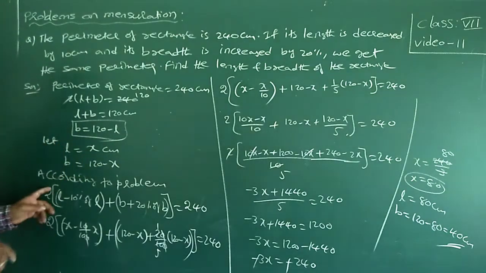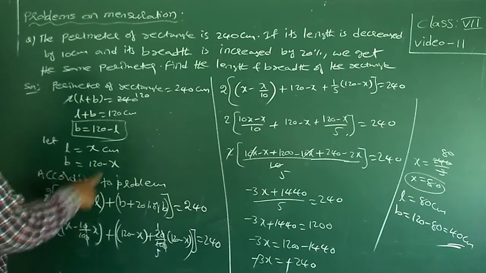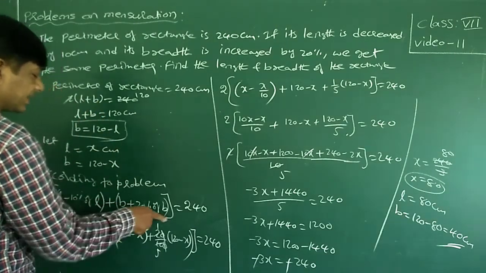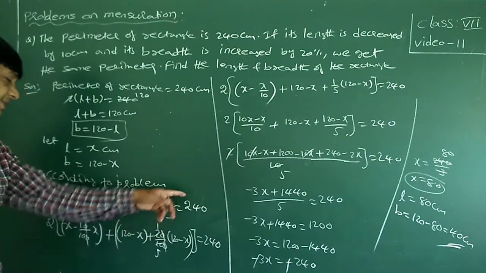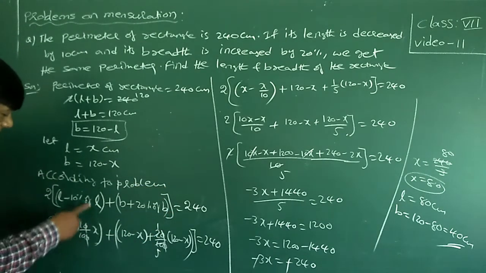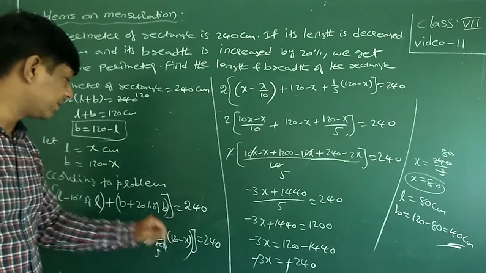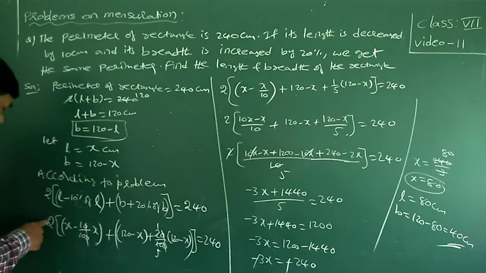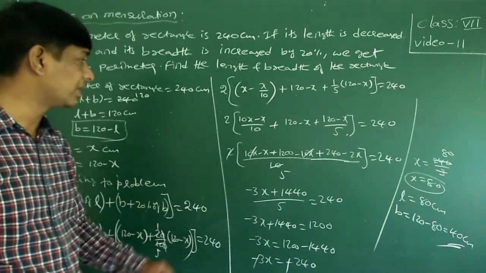According to the problem, if the length is decreased by 10% and the breadth is increased by 20% of the previous breadth, then the perimeter remains the same. 2 into (L minus 10% of L plus B plus 20% of B) is equal to 240. Now x minus 10 by 100 into x plus 120 minus x plus 20 by 100 into 120 minus x is equal to 240. Zeros cancel. 2 into (x minus 1 by 10 into x plus 120 minus x plus 1 by 5 into 120 minus x).